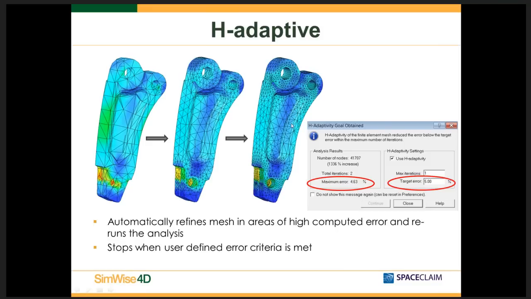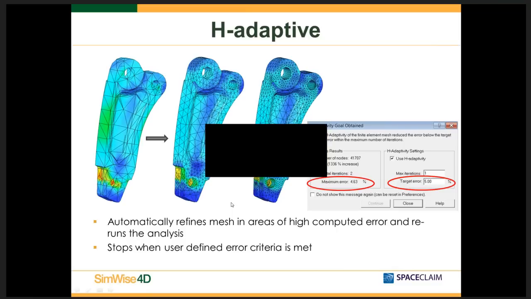So in this slide right here, you can see that we specified a target error of 5%. We've exceeded that criteria, or that convergence, by meeting it with 4.63% in only 2 iterations. So once we find the maximum worst case condition, the program will automatically refine it, and then we're converging on a more accurate solution for the FEA.